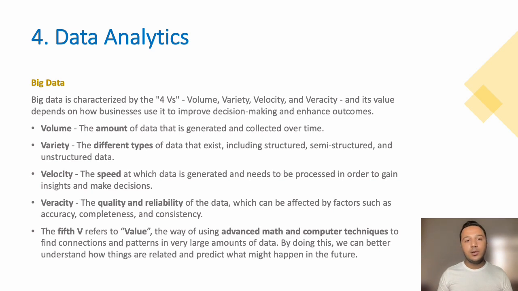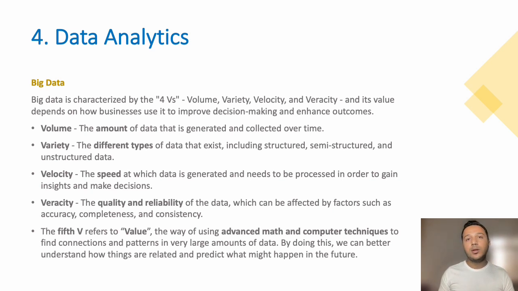Then velocity, about the speed at which the data is being generated. For instance, there could be certain online transactions that are happening, or consumer behaviors being monitored online through social media. So at what level and what is the speed of the data that is being generated associated with that business activity.